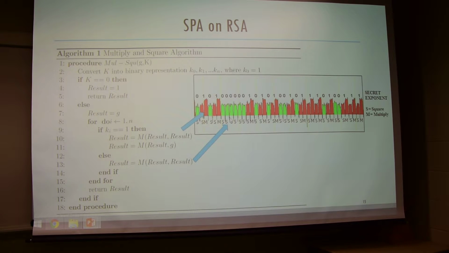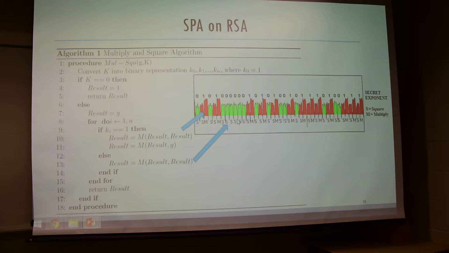Suppose the squaring takes less power than multiplication. Then you will see a pattern with low, high power traces. You interpret all the high peaks as multiplication and interpret the others as squaring.